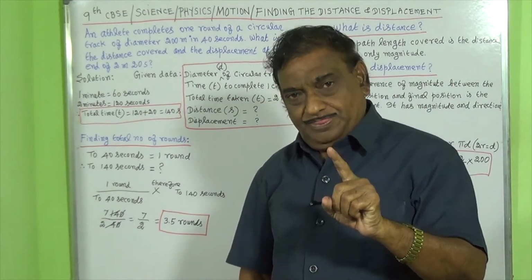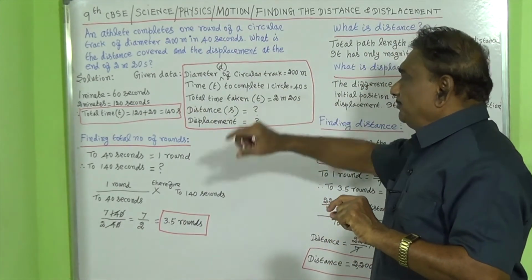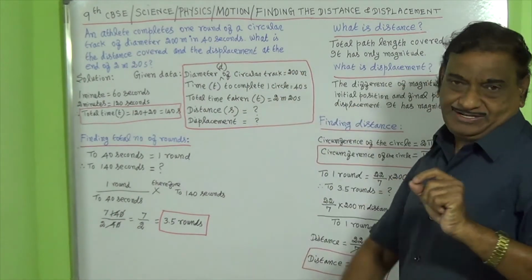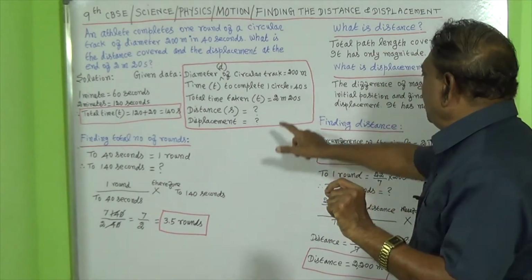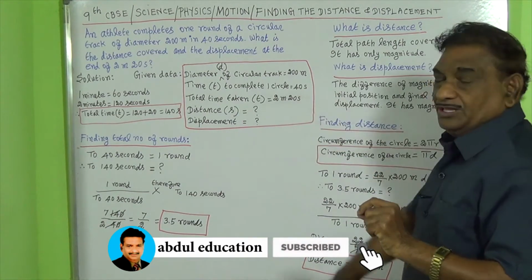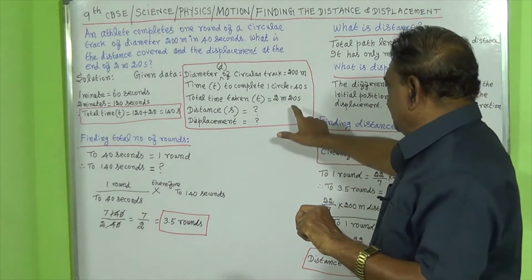In the sum, the data given are the diameter of the circular track, that is 200 meter, the time to complete one circle, that is 40 seconds, and the total time taken, 2 minutes 20 seconds.